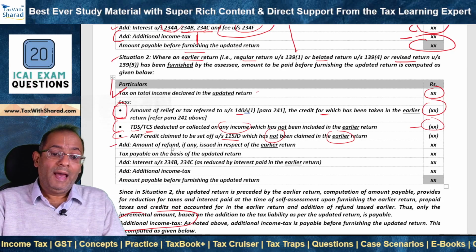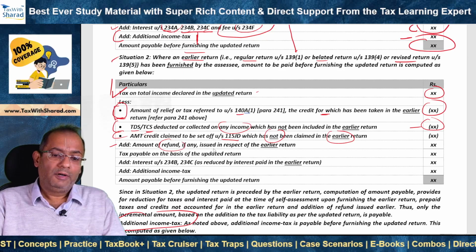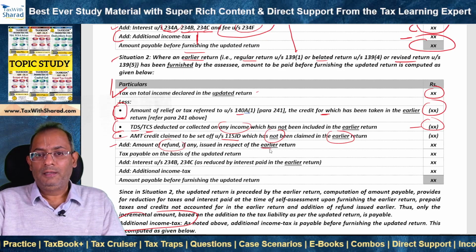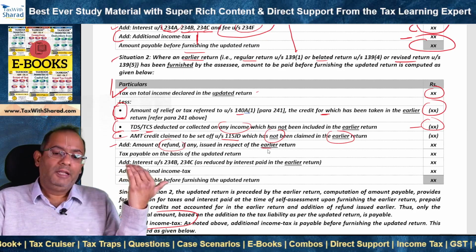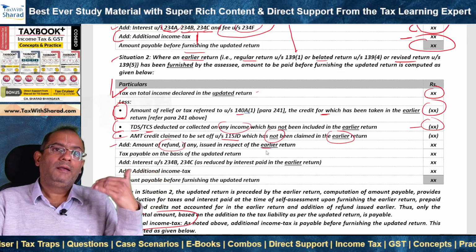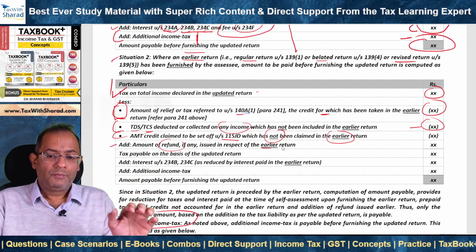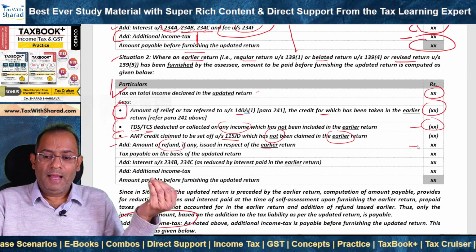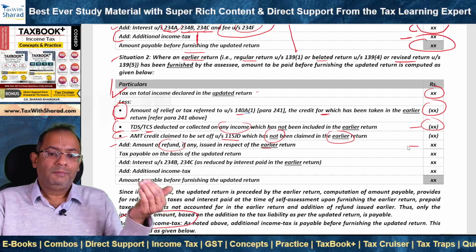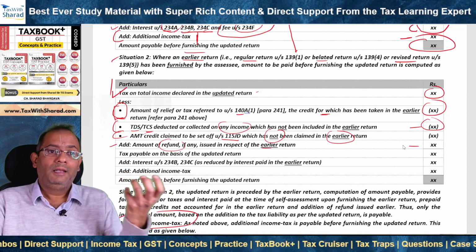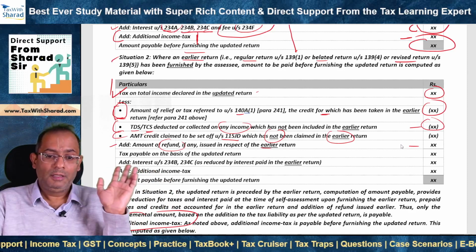Then we will need to add the amount of refund, if any, issued in respect of the earlier return. If while furnishing the earlier return, you had claimed a refund which was issued, right, then you need to add it back. This is important in order to determine the final amount which is payable at the time of furnishing the updated return.